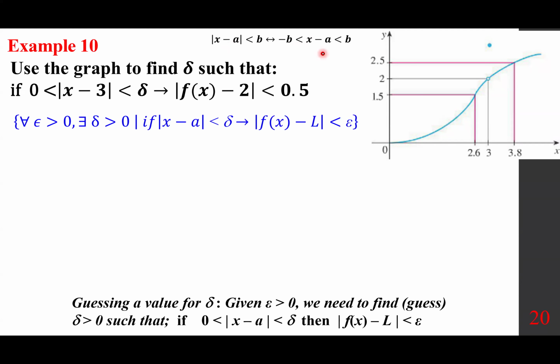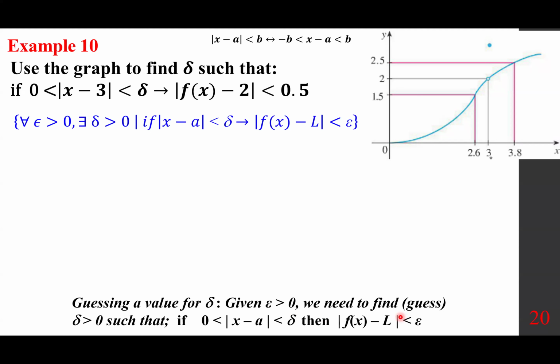That's the meaning of it, that we are going to use here. And this is the definition that we used in the previous page. So what it means, guessing a value for delta: given epsilon larger than 0, we need to find or guess, if you will, delta larger than 0 such that if absolute value of x minus a is between 0 and delta, then absolute value of f of x minus L is less than epsilon.